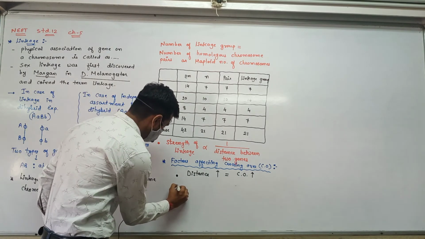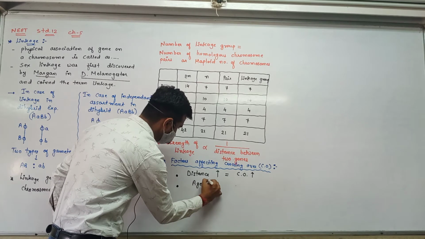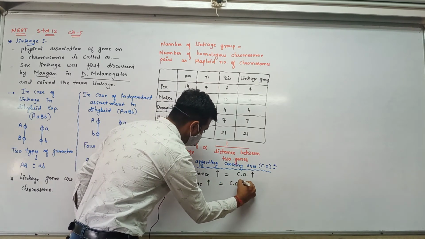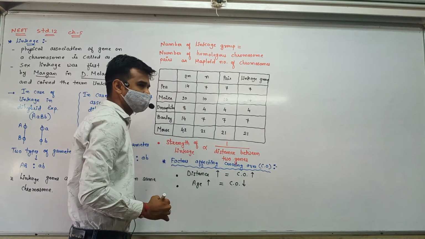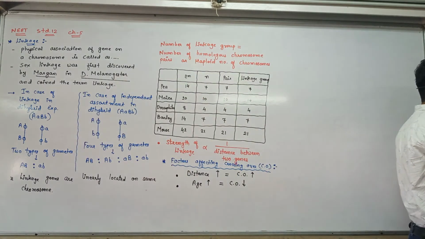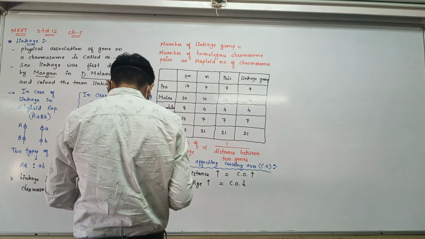The most important: as age increases, crossing over decreases. Fine. So this is the most important one. Somewhere else you heard this MCQ. Fine. Age increases, crossing over decreases.